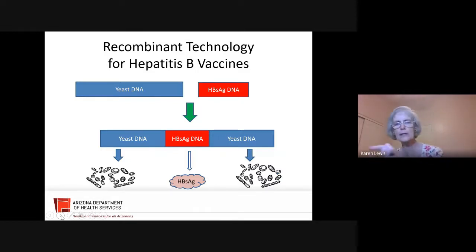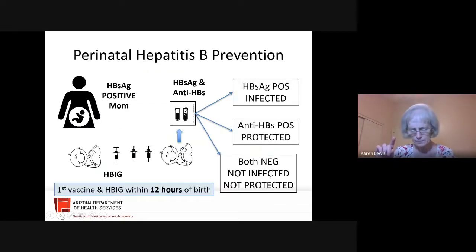It just reads the window for hepatitis B surface antigen, so as it grows, it makes hepatitis B surface antigen. That is purified, quantified, and that's what goes into the vaccine. So there is no risk of viral infection from recombinant vaccines. If you've been vaccinated against hepatitis B surface antigen, you will have antibodies against hepatitis B surface antigen, but you won't have antibodies against hepatitis C antigen because it's not in the vaccine.